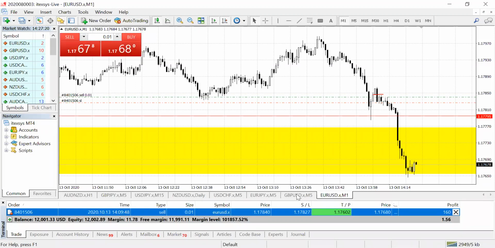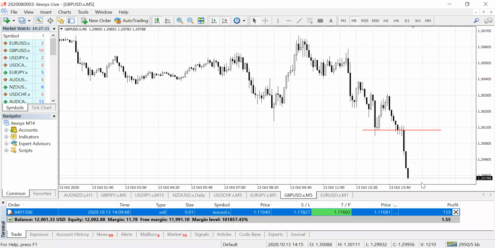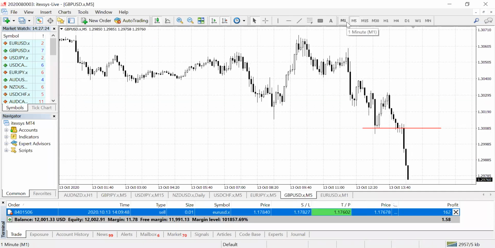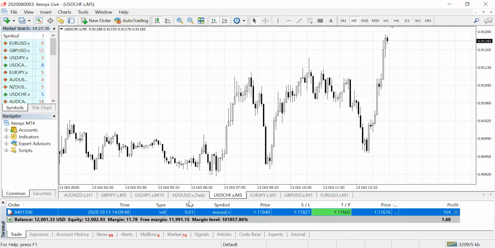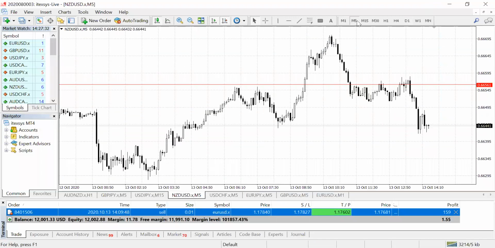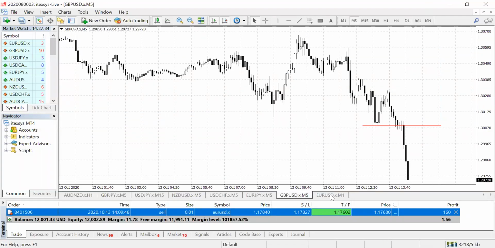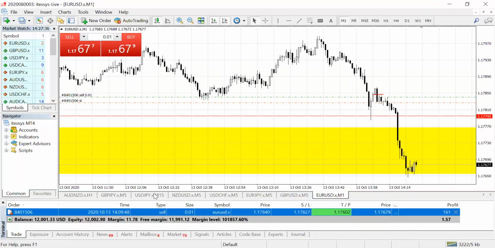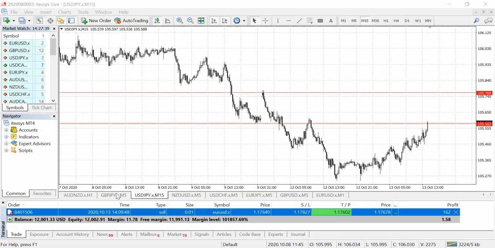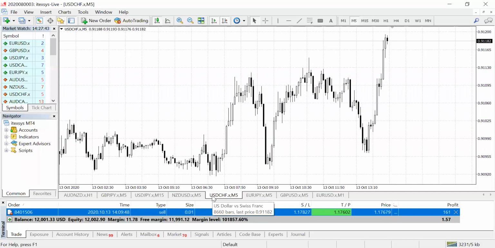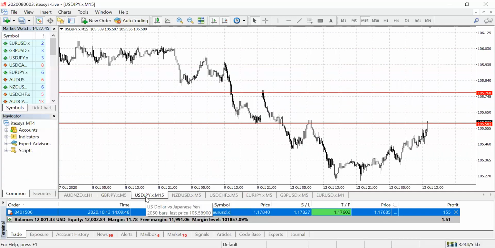What else do we have? What's going on with the pound? Just dropping, no chance to join. So if this is a US movement, I see the same movement on all time frames, on all currencies. No, mainly pound and euro. So is this a pound movement or a dollar movement? That's the question. I see the movement here. I don't quite see it here.